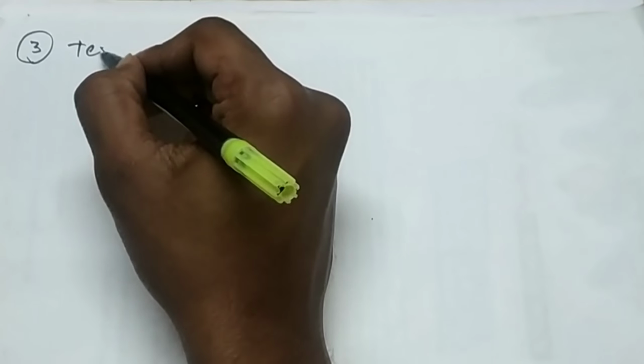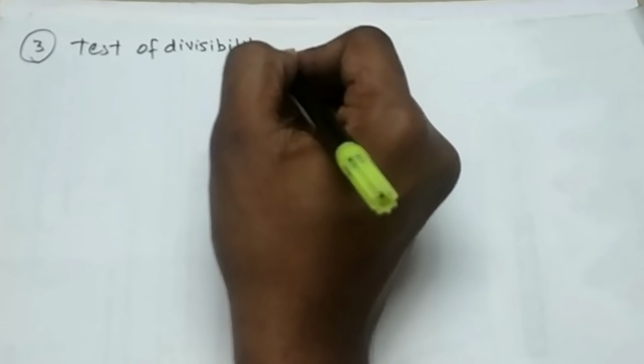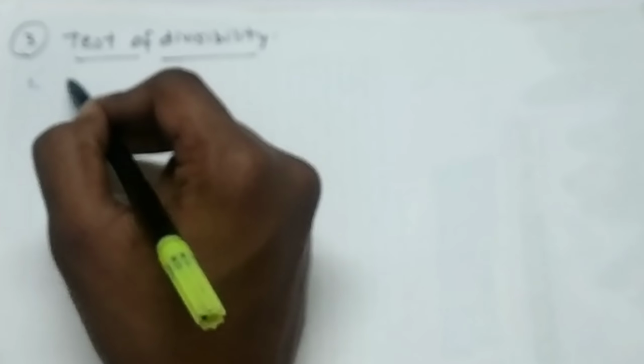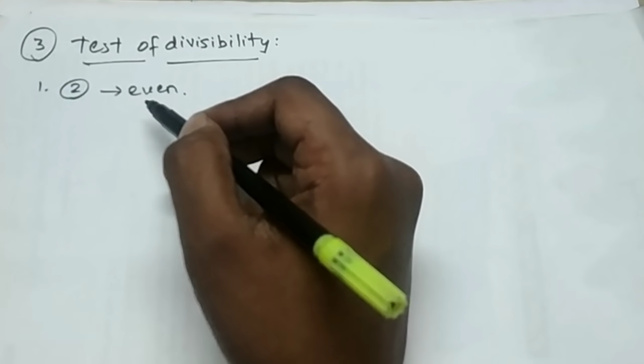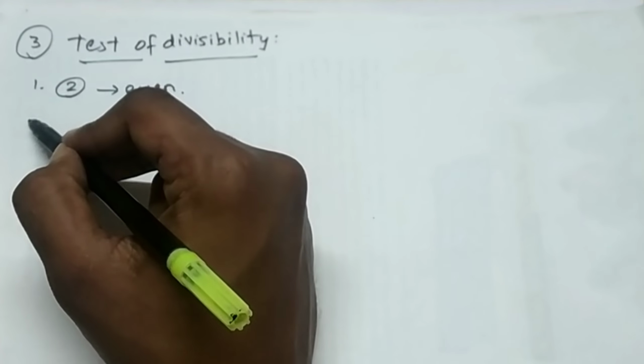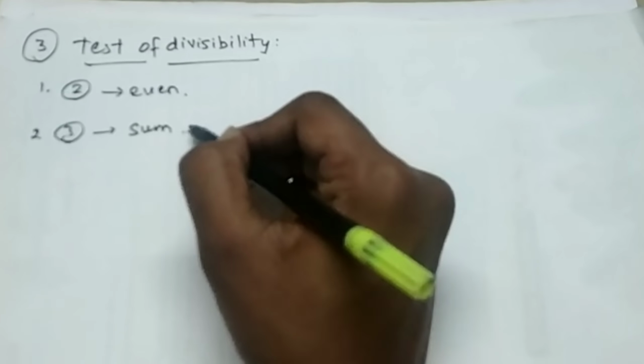So let us start on the divisibility test. The test of divisibility is easy to learn. The first thing we're going to learn is divisibility by 2. When the last digit is either 0 or even, the entire number will be divisible by 2. And divisibility by 3: when the sum of the digits of a number is divisible by 3, the number is divisible by 3.